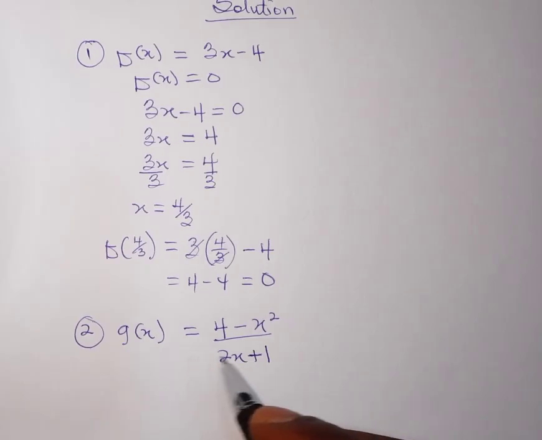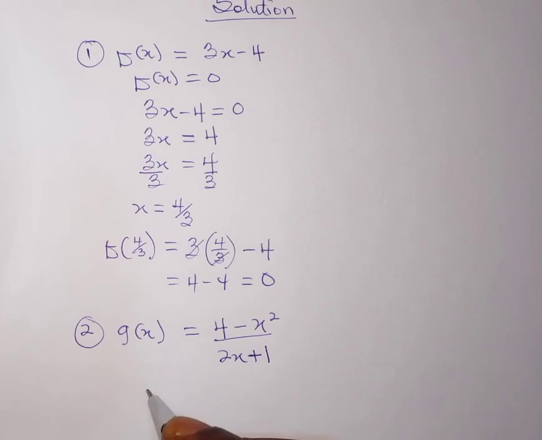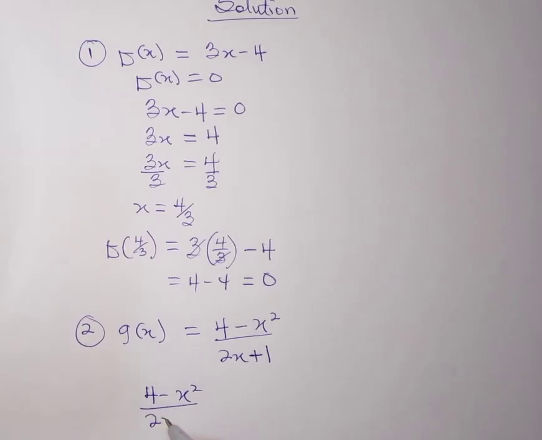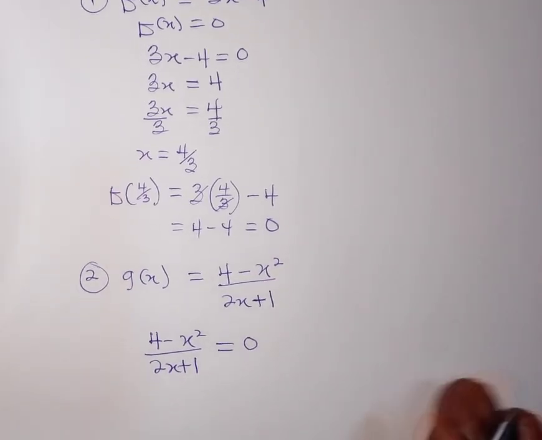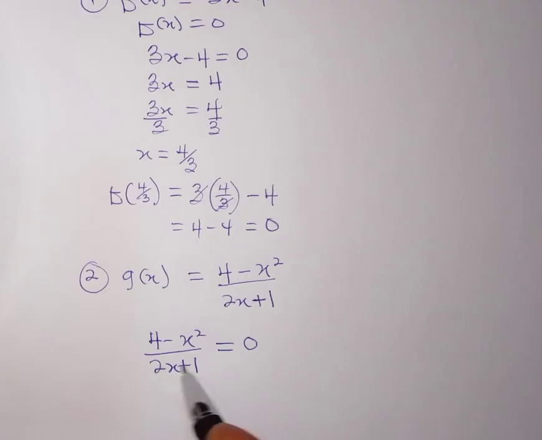Now, since we are saying for the zeros, we should just equate the whole function to 0 and solve. Then I'm going to write 4 minus x squared divided by 2x plus 1, all equal to 0. Now, since we have this denominator here, we can multiply both sides by the denominator.